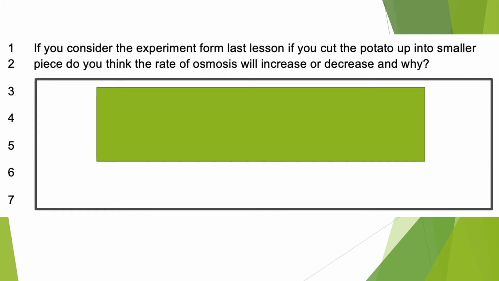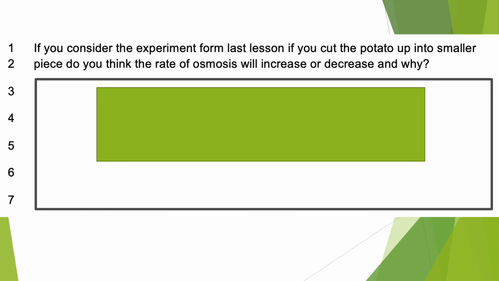All right, so now we get to this portion of the lesson, where it says, if you consider the experiment from last lesson, if you cut the potato up into smaller pieces, do you think the rate of osmosis will increase or decrease, and why?